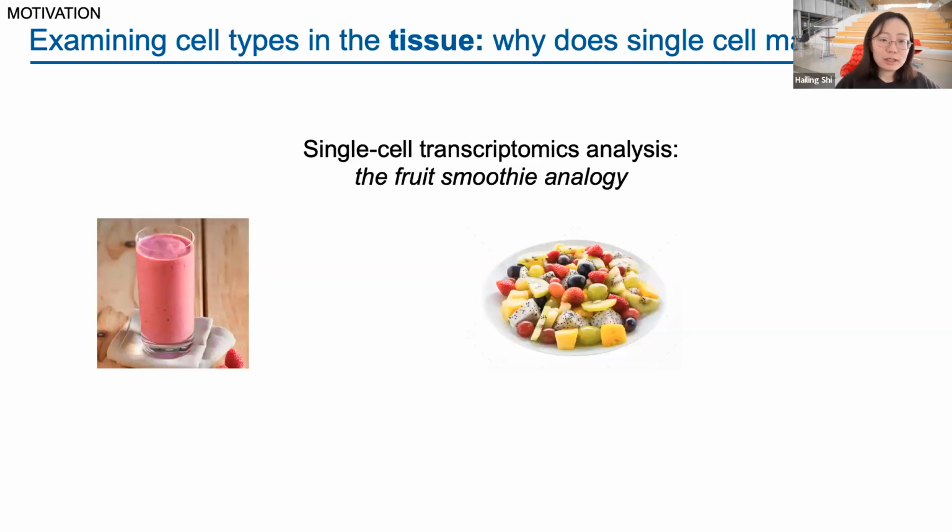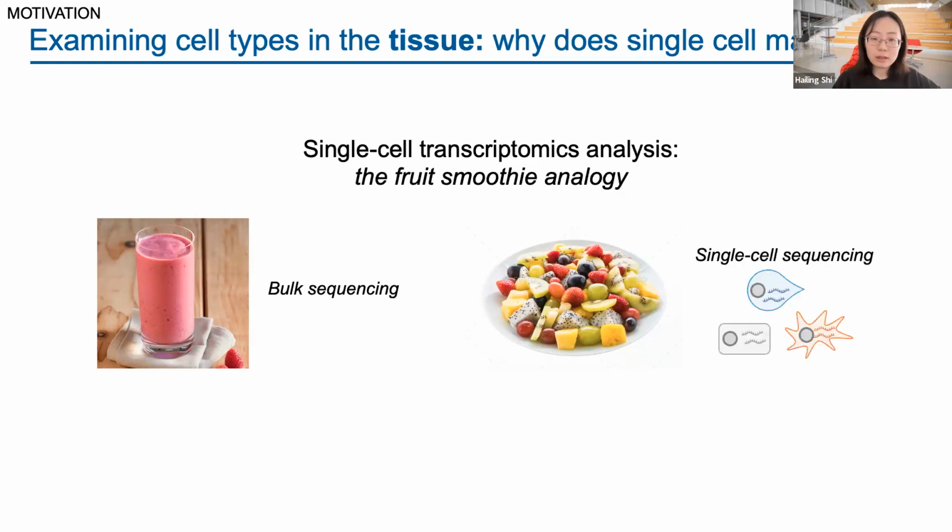So the motivation of this study is really about the importance of studying cells at single cell resolution when we study tissues. I think for this audience, you probably already heard about this fruit smoothie analogy, where bulk sequencing gives you an average measurement of a tissue sample.